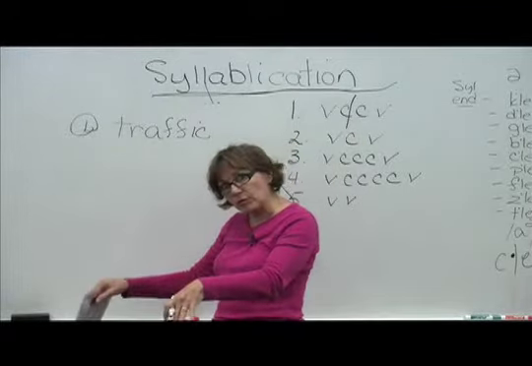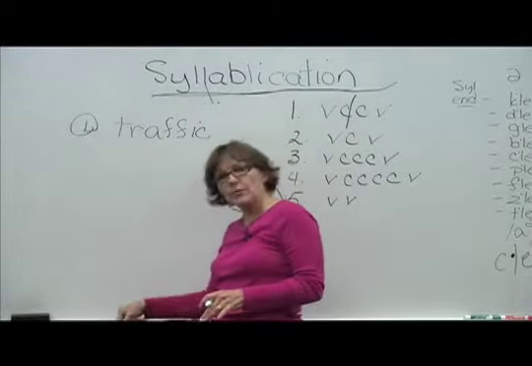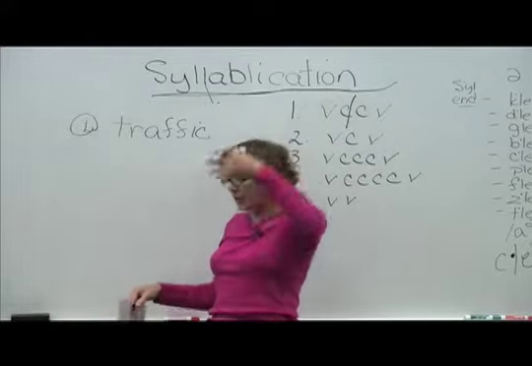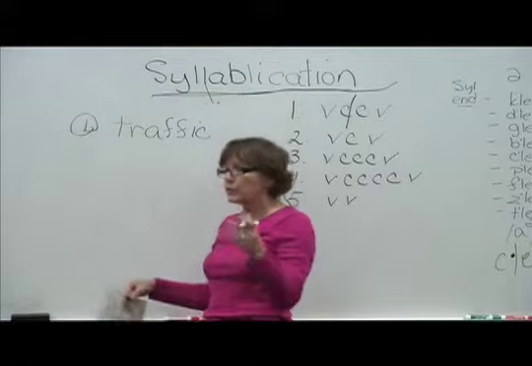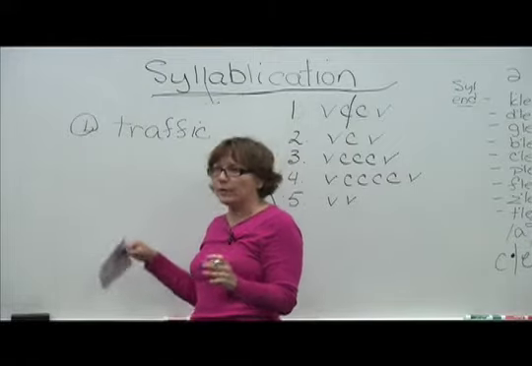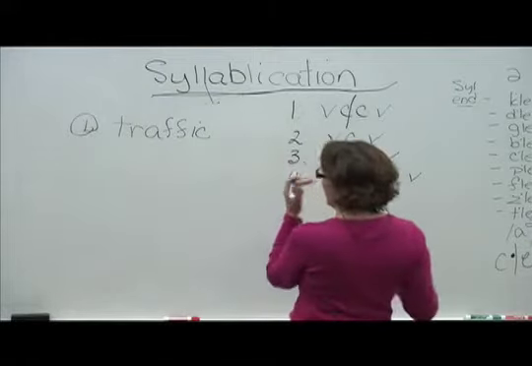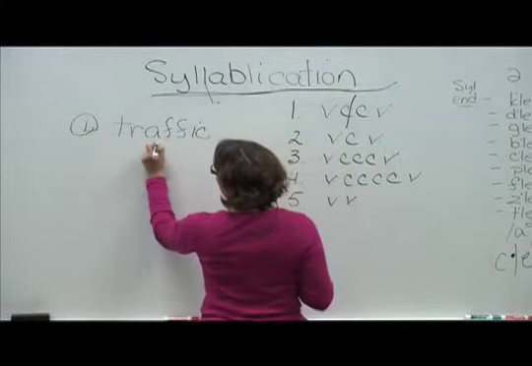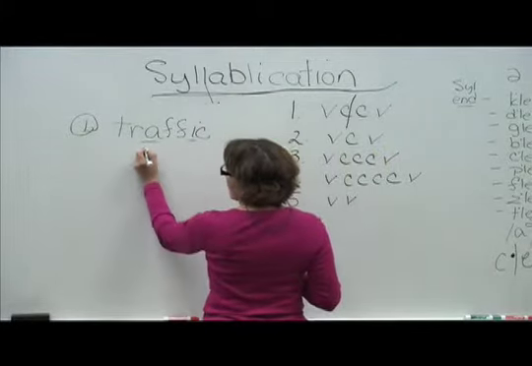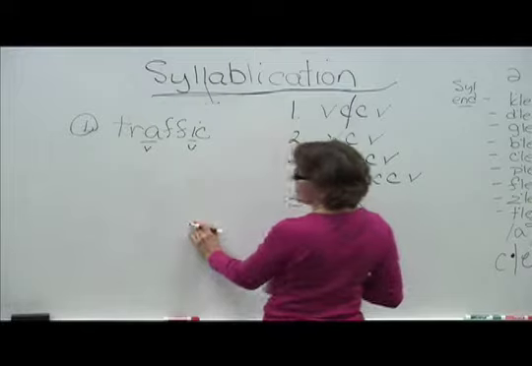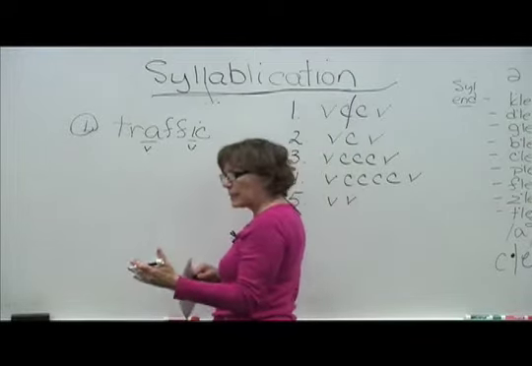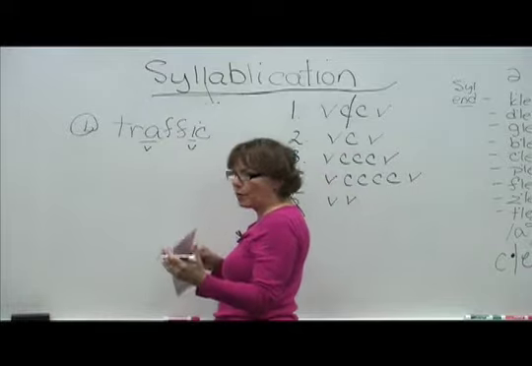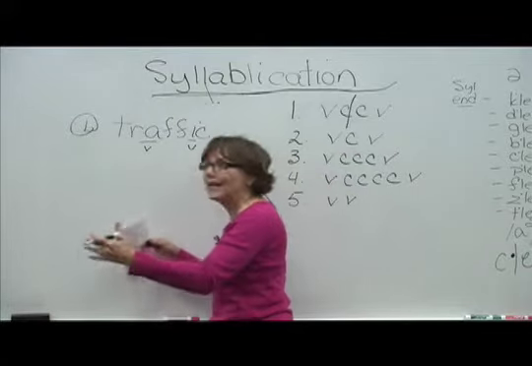If they're kids in school, though, in 3rd and 4th grade, I'm teaching them the rules because I want it to go into their brain and be there when they're adults after they leave school, and they will just automatically remember, how do I figure this out? Okay, first thing I'm going to do is I'm going to underline the vowels, all right? I'm going to underline those vowels. Okay, I've got 2 vowels. The reason I do that is I want to see how many parts I might have.